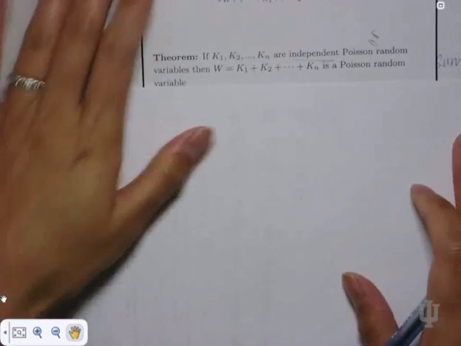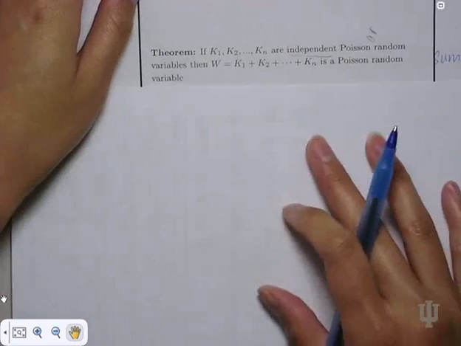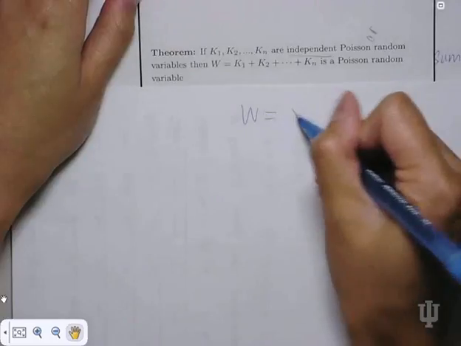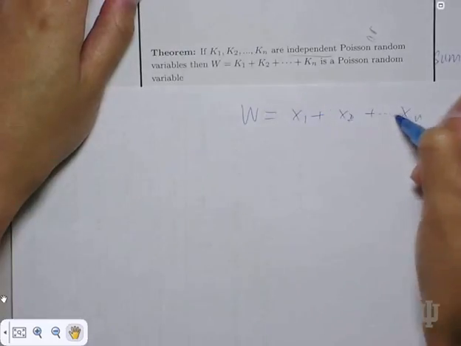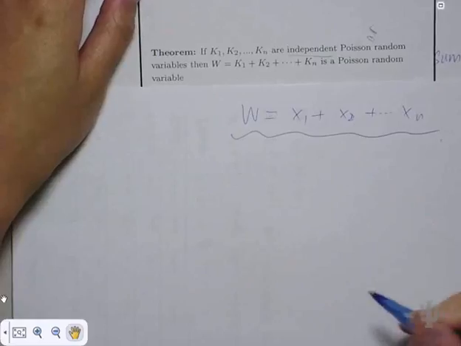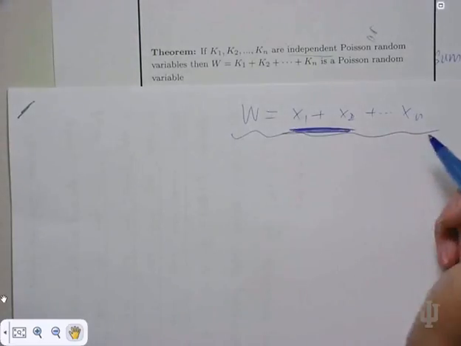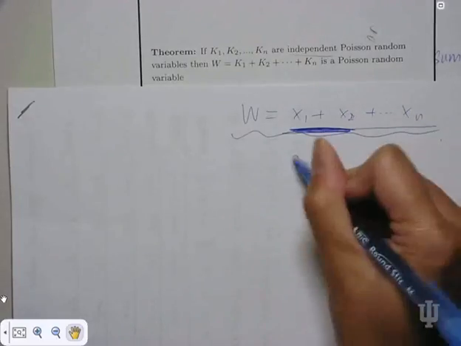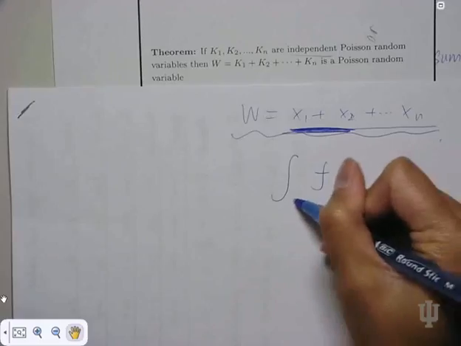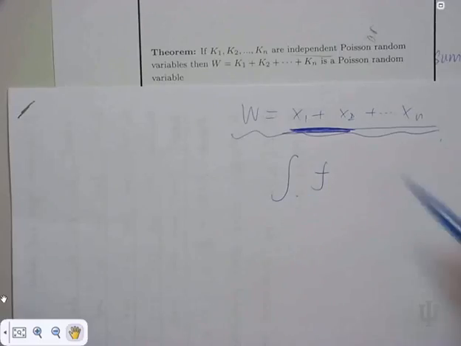Another usage for this moment generating function is when we take the sum of multiple random variables, right? So remember, in the signal domain, if it's multiple random variables, you will have integration, right? Just think in general.